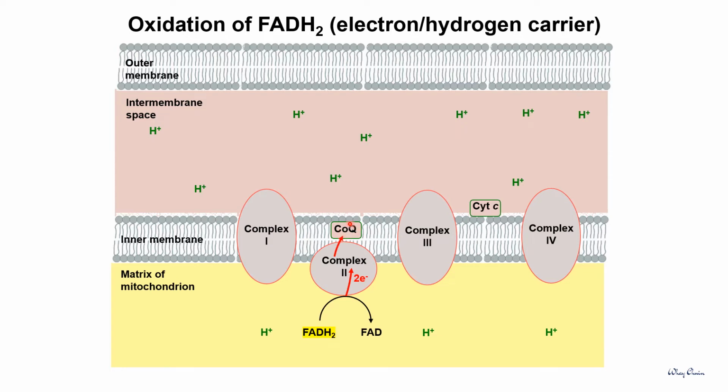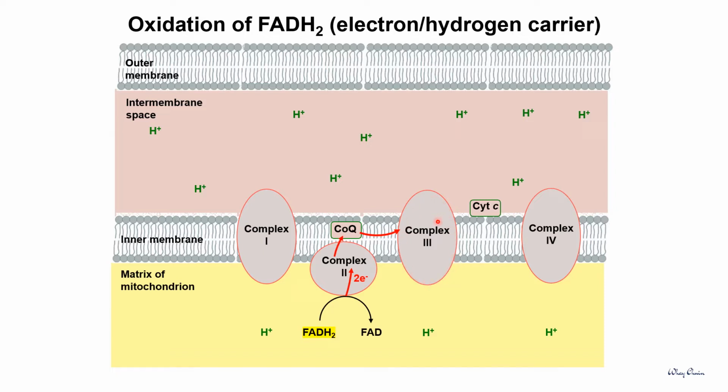And redox reaction occurs again. The reduced coenzyme Q is unstable, and then it will pass the high energy electron to the next electron carrier, which is complex 3. When complex 3 is reduced, it has the high energy electrons.